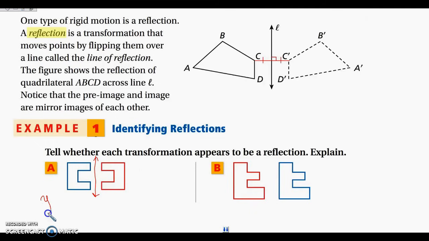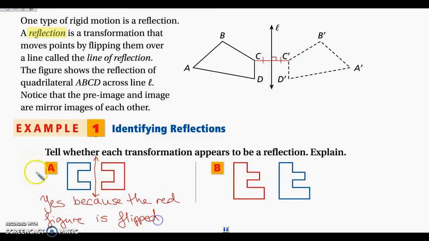So yes, because the red figure is flipped. And we're only going to use the word flipped in this type of scenario when we're doing very basic things, because it's very basic vocabulary. I want you to use the word reflect.